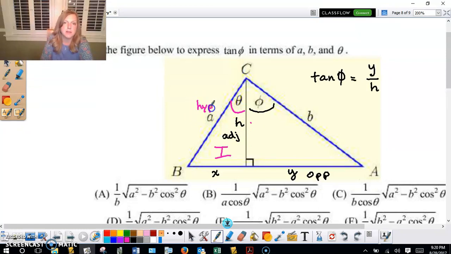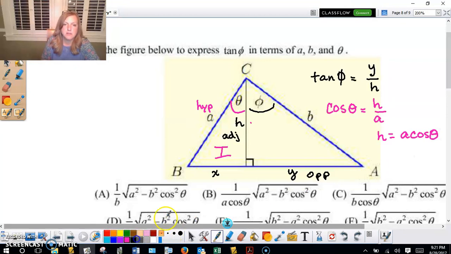So I have a hypotenuse and an adjacent, which means what trig function are we going to use? Cosine. So the cosine of the angle theta is going to be adjacent h over the hypotenuse a. And I can solve this and find out that h is equal to a cosine theta.